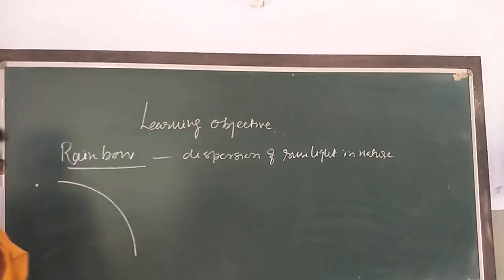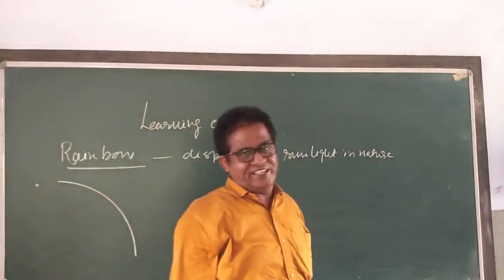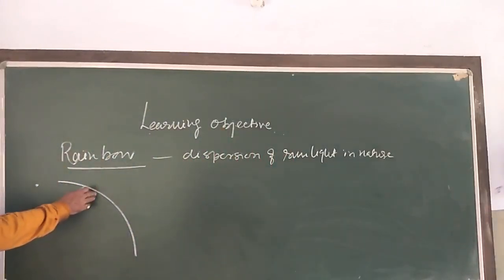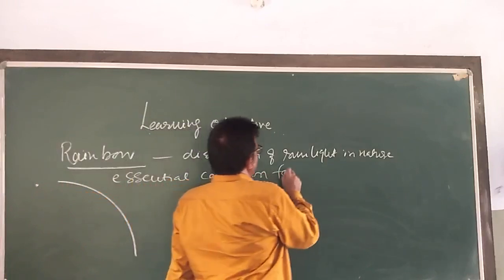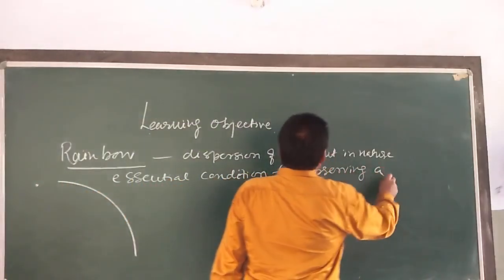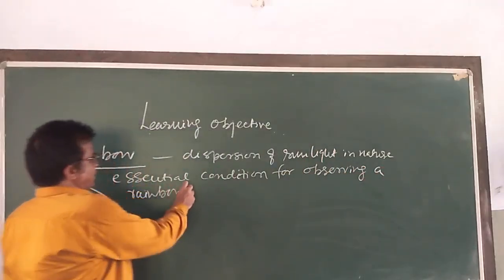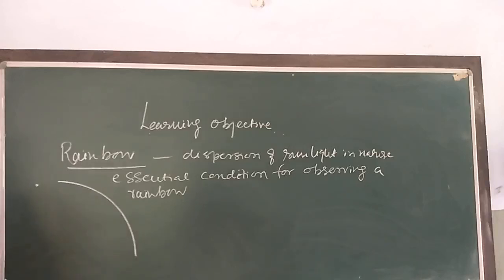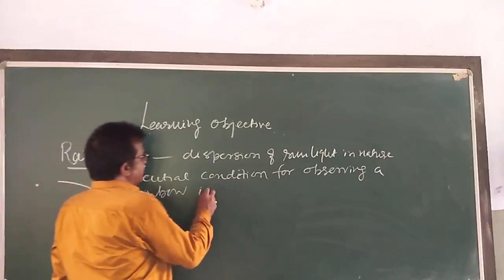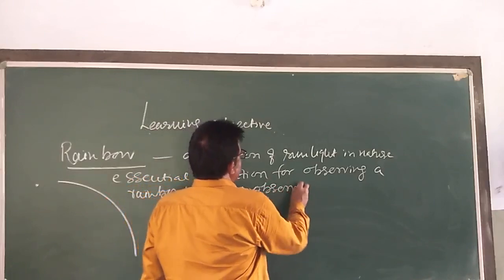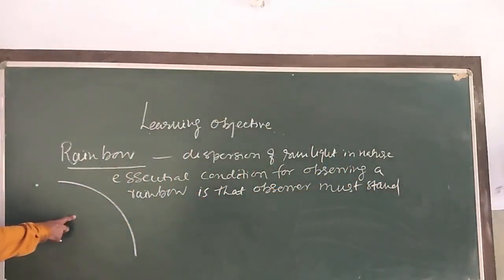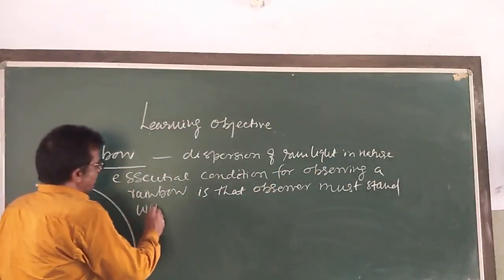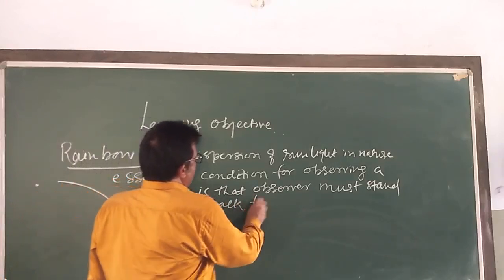When the sun shines on the raindrops, जब ये जो बारिश की बूंदों पर सूर्य की रोशनी गिरती है, when the sun shines on the raindrops during or after a shower, the essential condition for observing a rainbow, write down, the essential condition for observing a rainbow is that the observer must stand here with his back towards the sun.